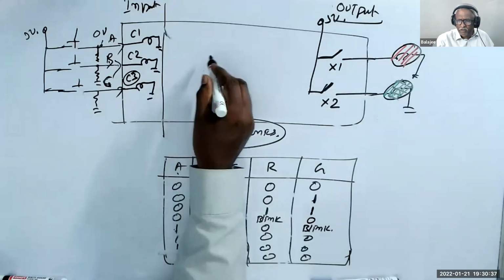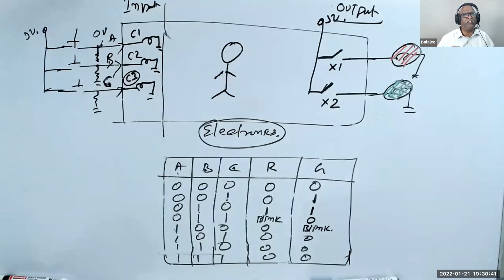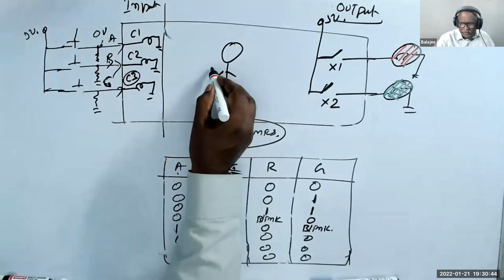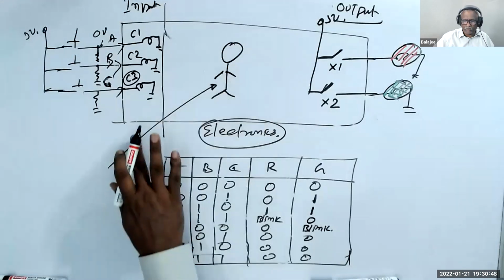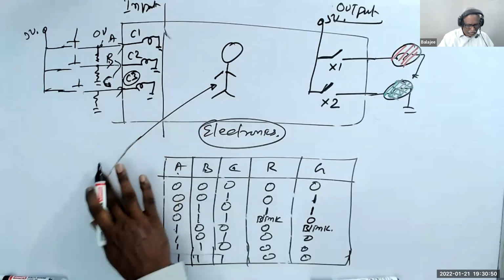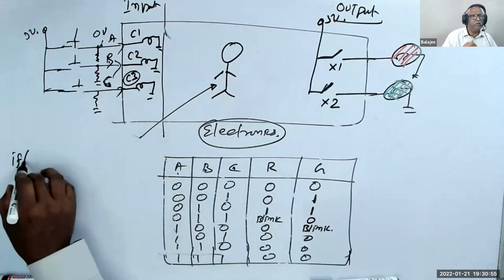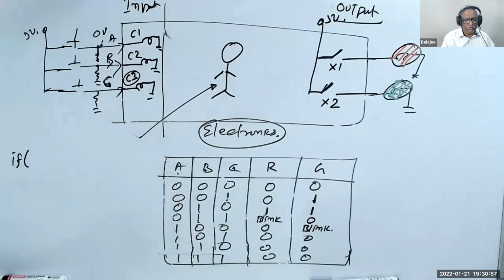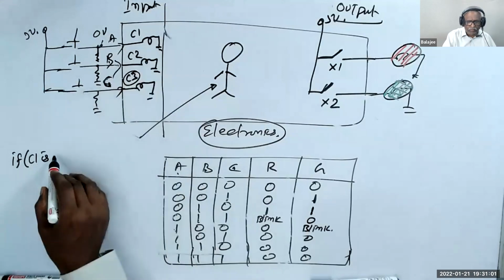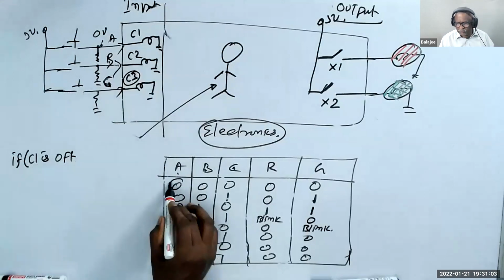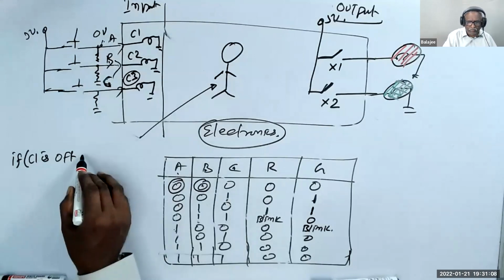I have a person here. There's a trick. I told him, hey, if C1 is off, that is this A, then B off means C2 is off.